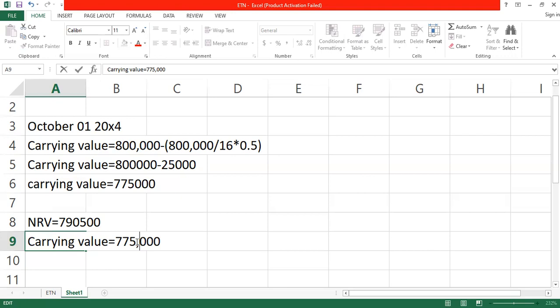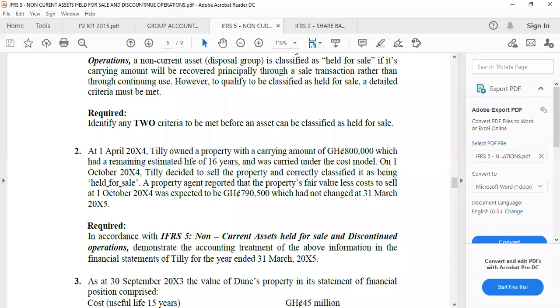But all that we were taught is that we assume the assets are carried under one model. They will not even tell whether it is the cost model or the revaluation model. But this one, the question said under the cost model.